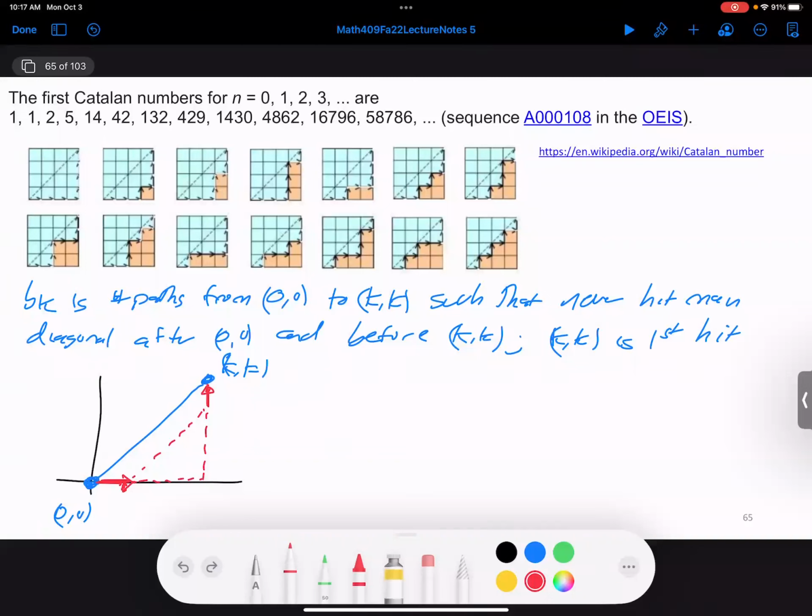Can anybody tell me how many paths there are in this region? We are starting now at 1,0, and we're ending at K minus 1. So how many paths are there? Okay, so why C_{K-1}?